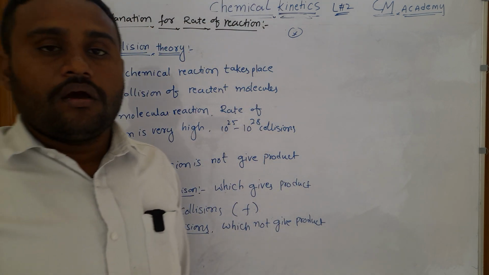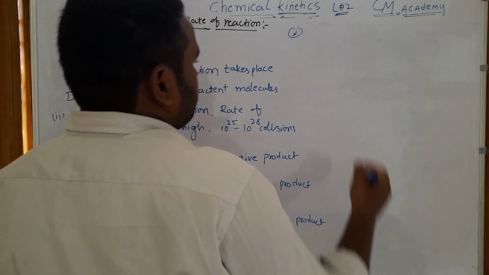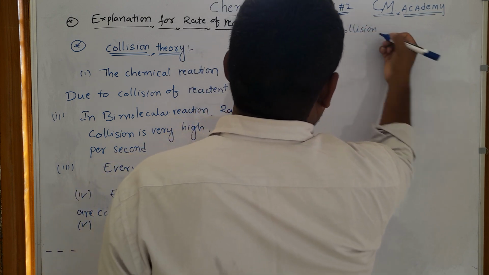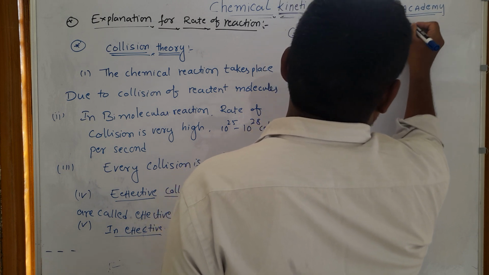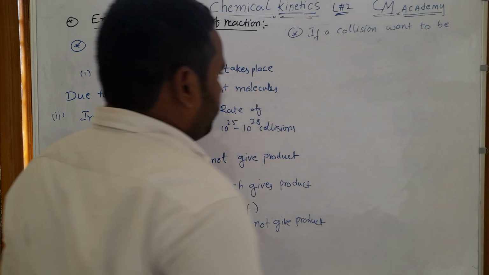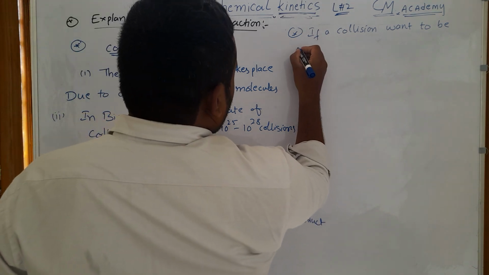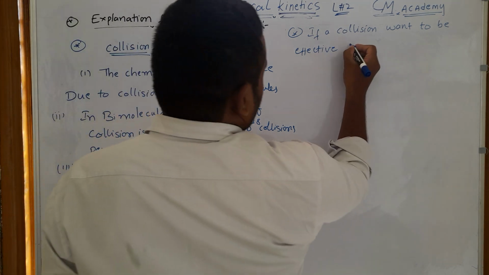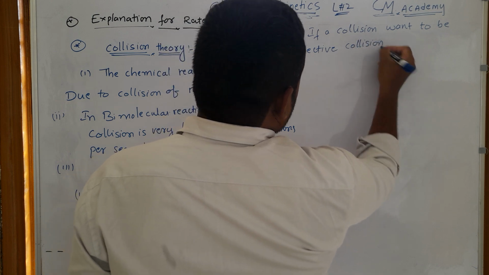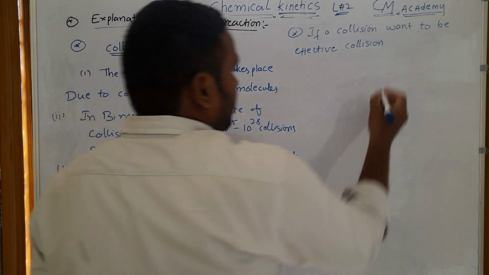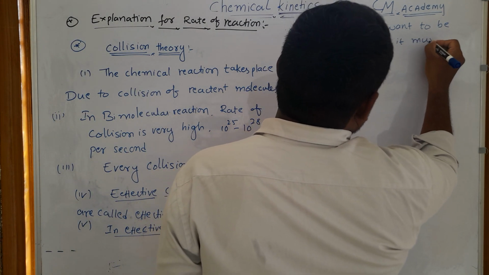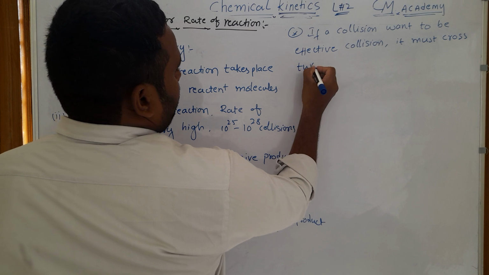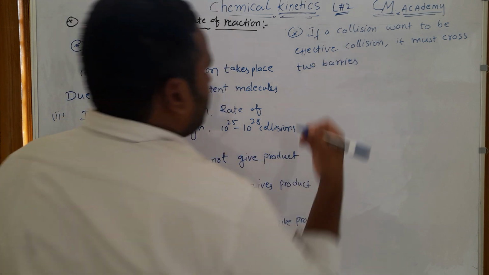If a collision wants to be an effective collision, which gives product, it must cross two barriers. So what are the two barriers?